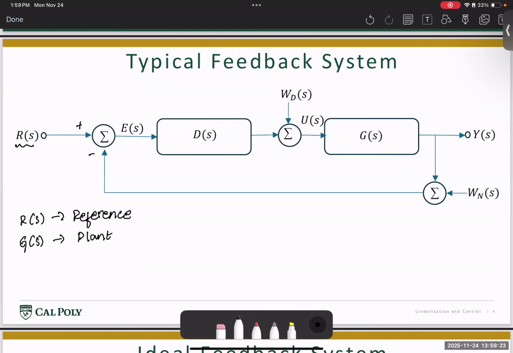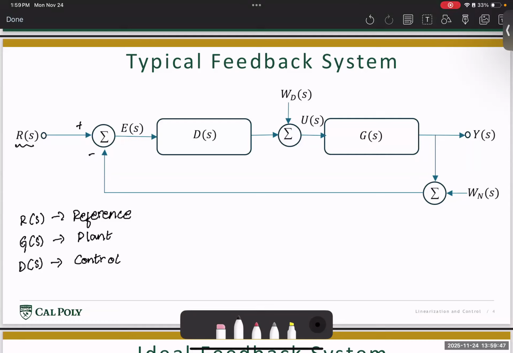This basically consists of all the dynamics of the system. And then we have another block called D of S, which represents the control input that we provide for the system. This can be any form of controller. This can be P, PD, PID, any one of those forms. The idea here is that if you want to pitch an aircraft by 5 degrees, then you provide a reference signal to the aircraft indicating that you want to pitch it up by 5 degrees.